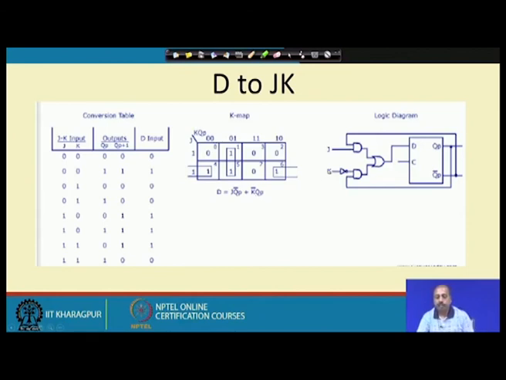So, from this J and K, we have to derive this function for D. J and QP bar are ANDed, and K bar and QP, where K is inverted, are ANDed, and they are ORed here and then put to D. So, this logic converts one D flip flop into a JK flip flop. Internally it remains a D flip flop, but we can realize a JK flip flop out of that.